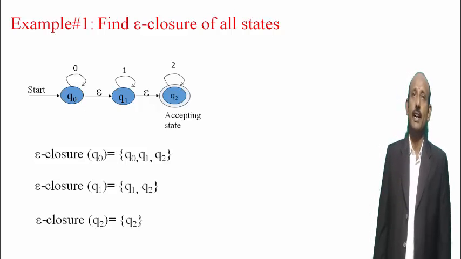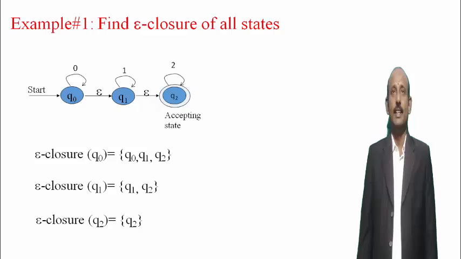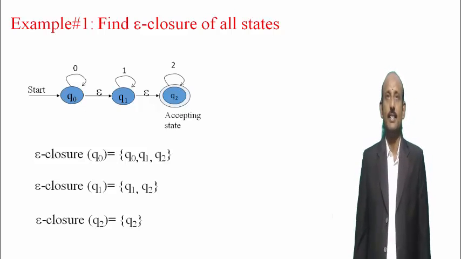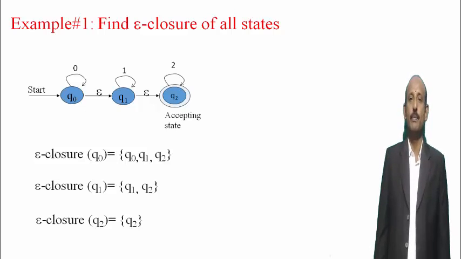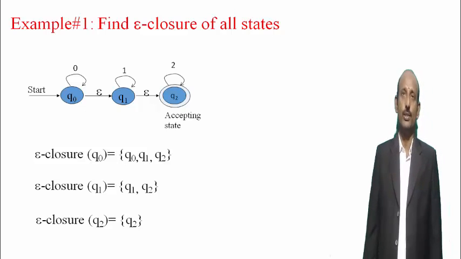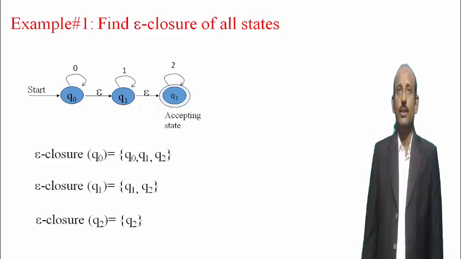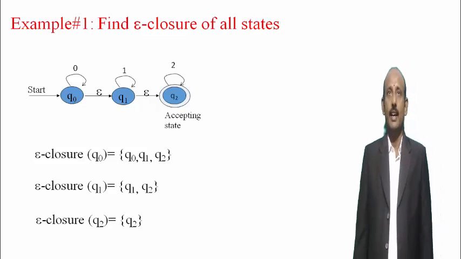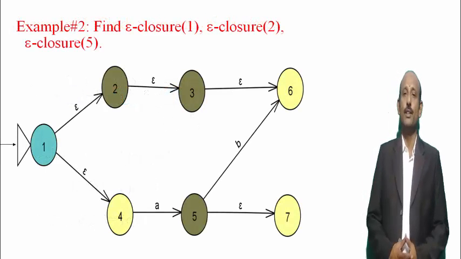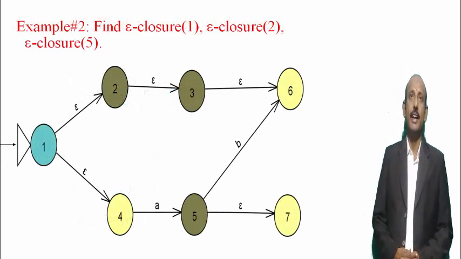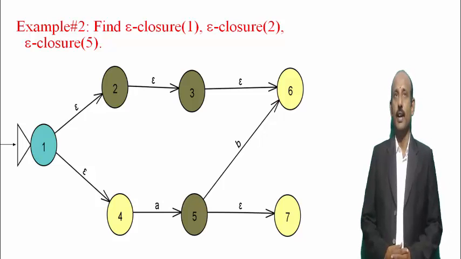So this finite automata generates the strings of any number of zeros followed by any number of ones and followed by any number of twos. Okay. Now we go for finding the epsilon closure of state 1, epsilon closure of state 2 and epsilon closure of state 5.